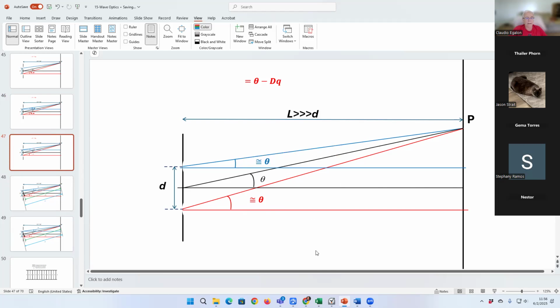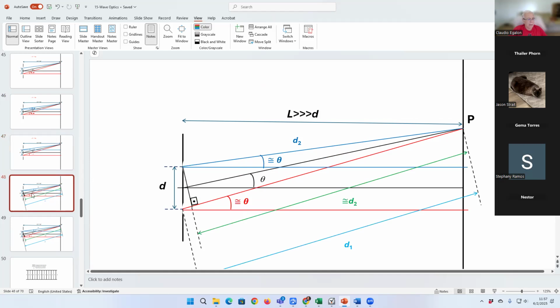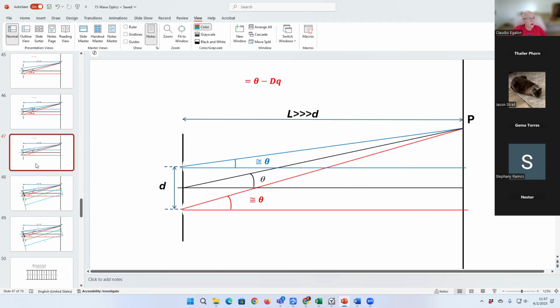That's our first approximation. We need this approximation to get a simple relation, okay? And now I can start adding other stuff too.